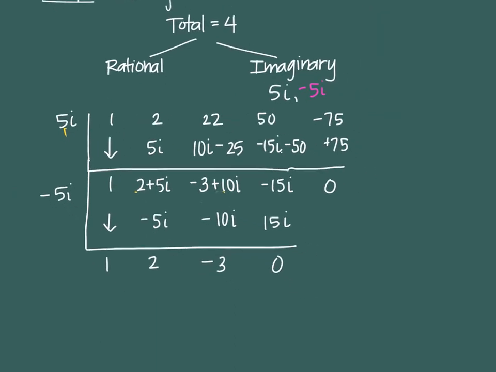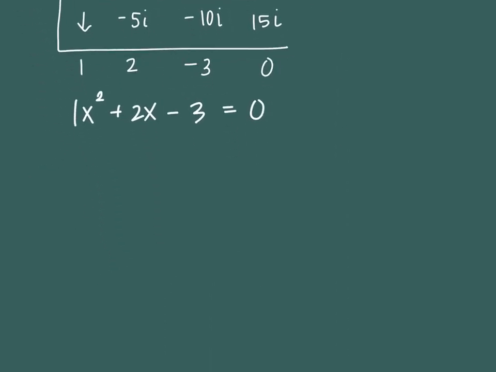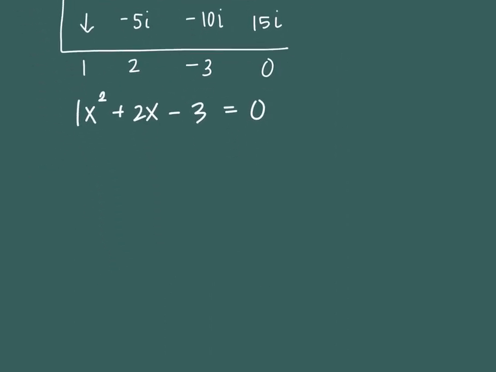So I just did synthetic division twice, which means when I reattach my variables at the end, what power am I reattaching to these 1, 2, negative 3? 1x squared plus 2x minus 3 equals 0. And what am I trying to find? Let's review that again.